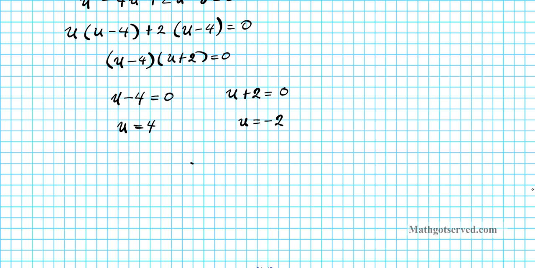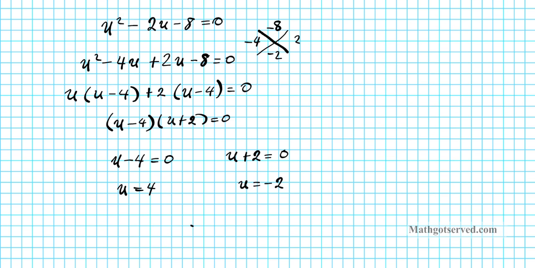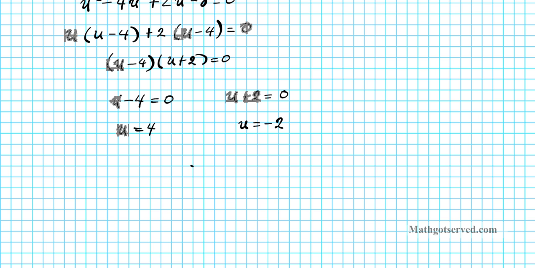Remember earlier we said that u is 4 to the x. So let's put that back in here. We're going to have 4 to the x equals 4, and then here we have 4 to the x equals negative 2. So let's go ahead and solve these two.